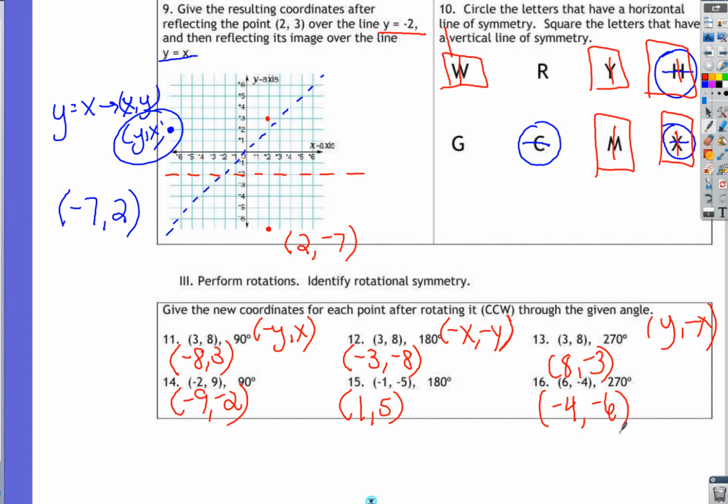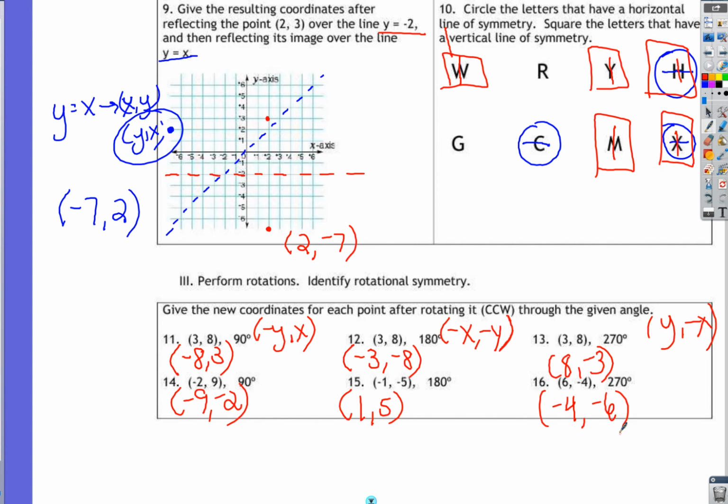Okay, Malachi, where did I lose you on number 9? The red part or the blue part? Both. Okay, let's do the red part first.